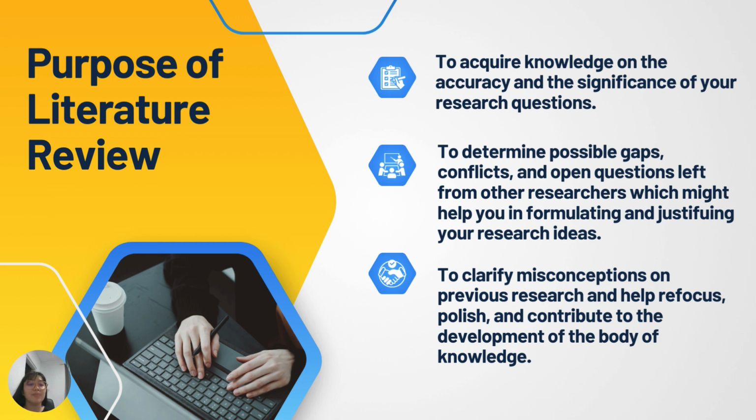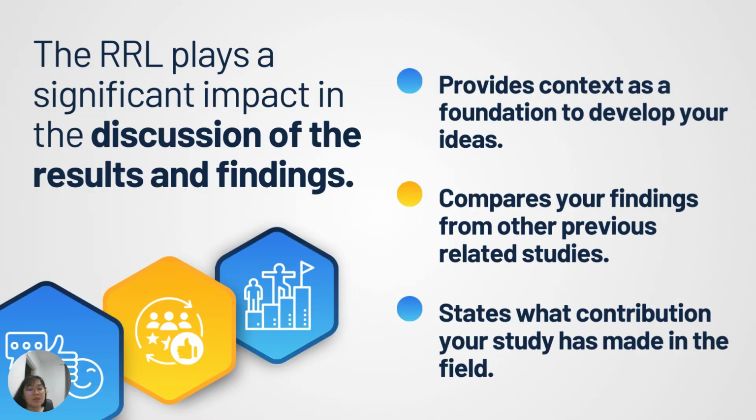We have 7 purposes. Next, so why is the RRL important in the study? So we've already identified 7 purposes, di ba? But also, the RRL is very important because it plays a significant impact on the discussion of the results and findings. And we actually go back to chapter 2 when we write chapter 4. Okay?